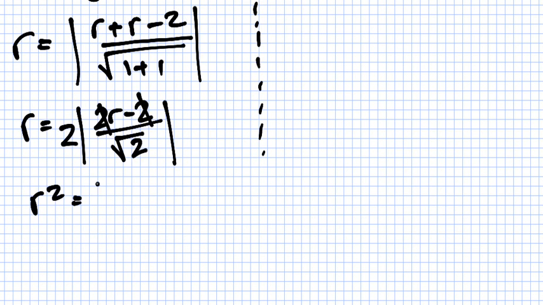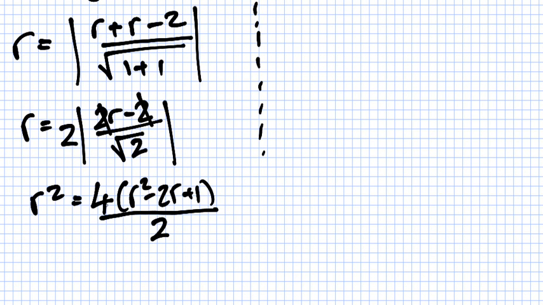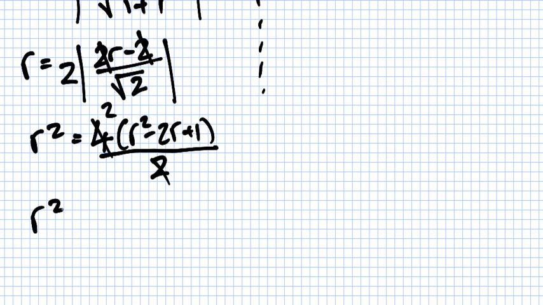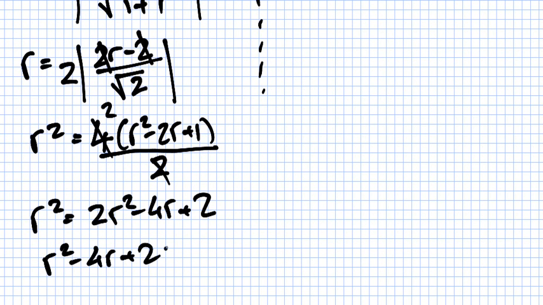So that will become a 4, and then r minus 1 squared, that's r squared minus 2r plus 1, all over, and root 2 squared is 2. So 2 goes into 4 twice. You get r squared equals 2r squared minus 4r plus 2. So you get r squared minus 4r plus 2 equals 0.